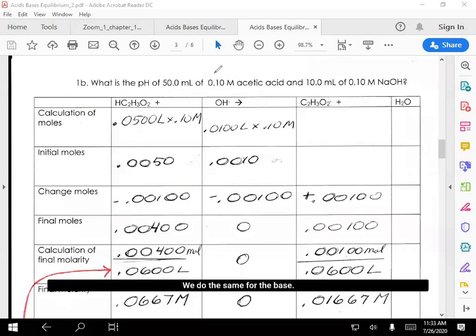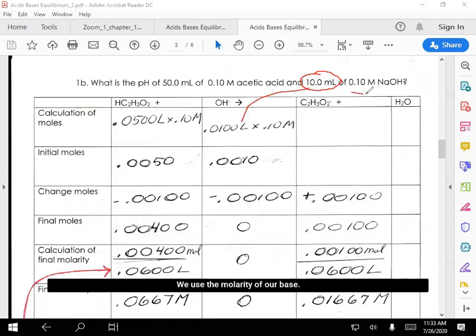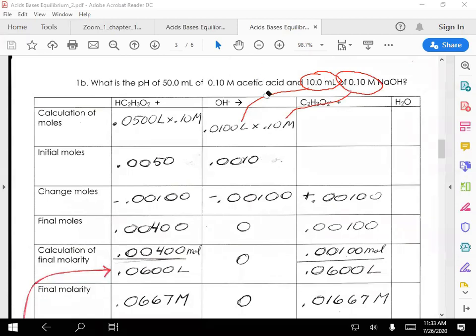We do the same for the base. We take the milliliters of base, we convert that to liters. We use the molarity of our base. We multiply those, and that gives us moles of our base.